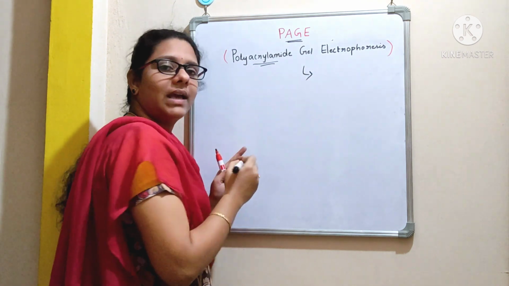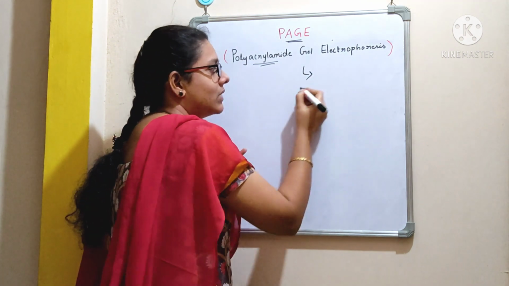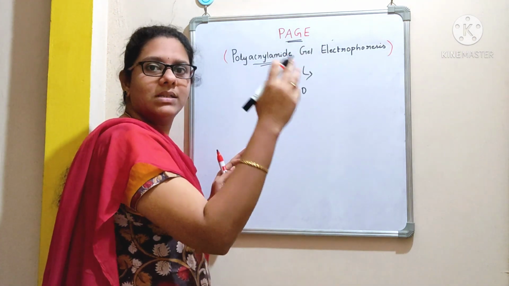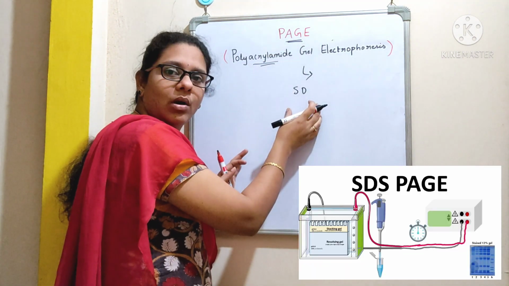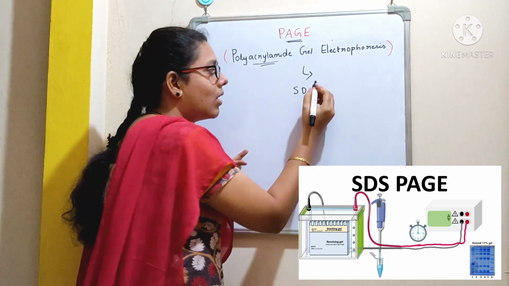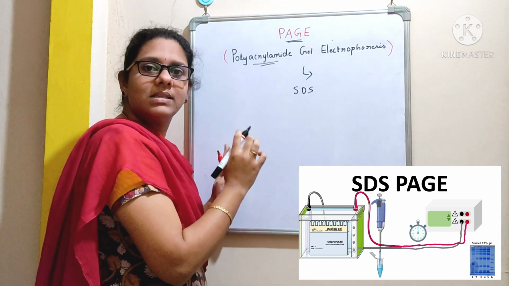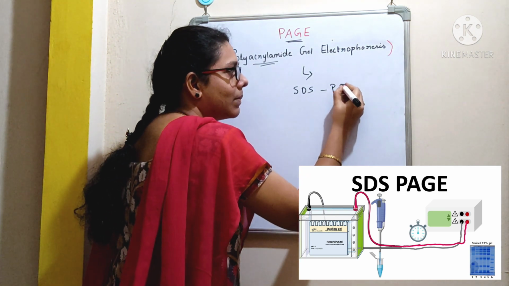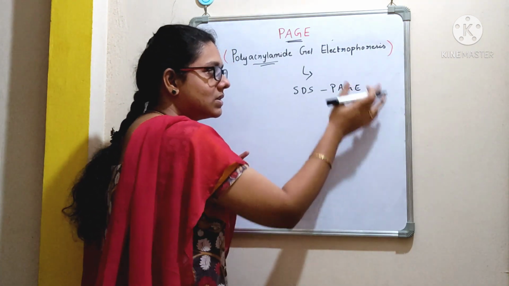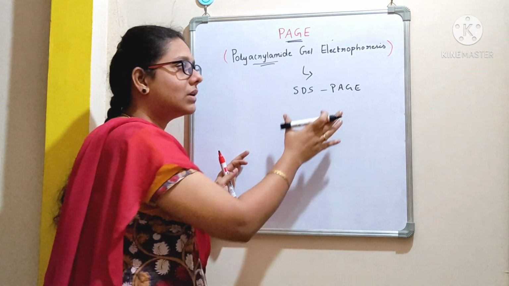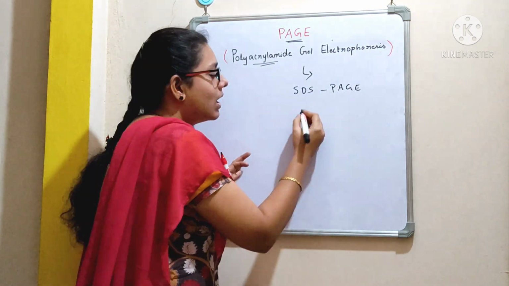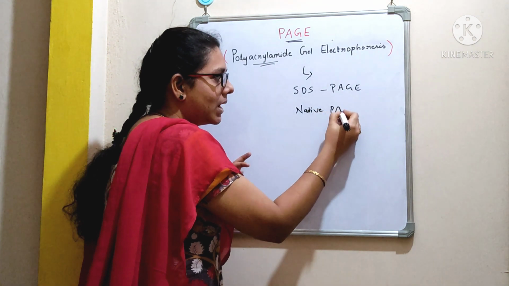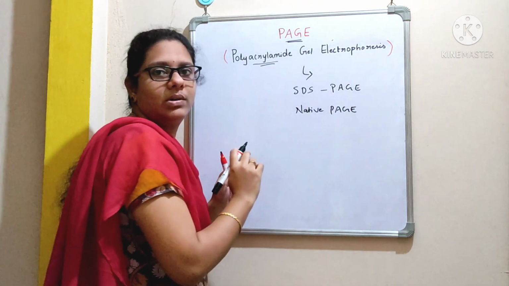This method can be done in two ways. Apart from the routine polyacrylamide gel electrophoresis, you can incorporate an anionic detergent called SDS. SDS stands for sodium dodecyl sulfate. SDS-PAGE is the most commonly used method for the separation of proteins. And also we can go with the other technique called native PAGE.